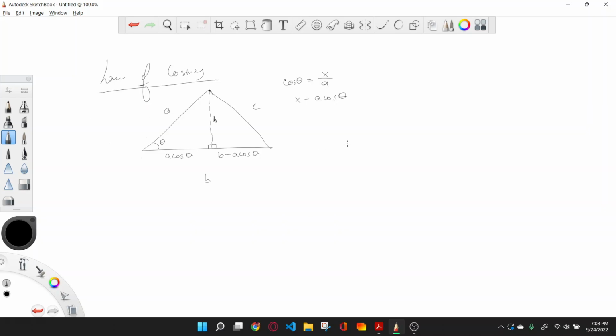So A squared is equal to this squared plus this squared. It's just the Pythagorean theorem. And C squared is equal to H squared plus (B minus A cosine theta) squared.